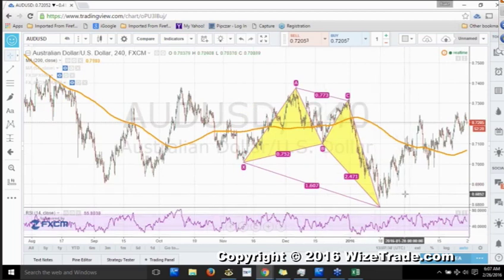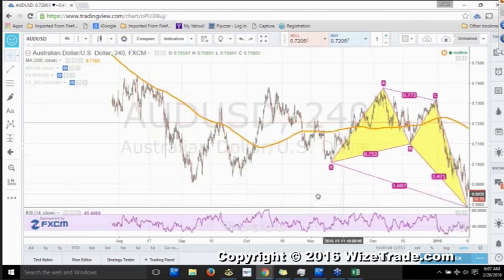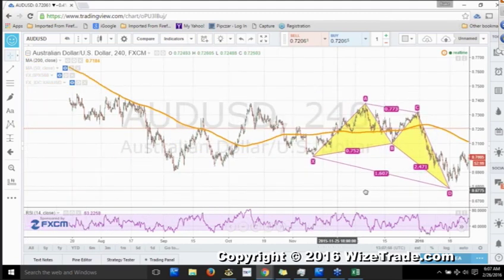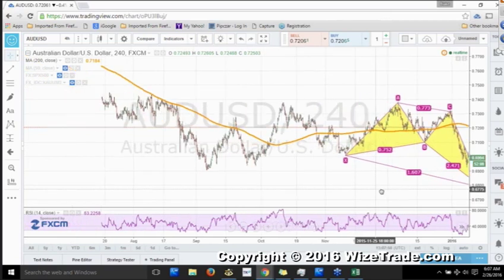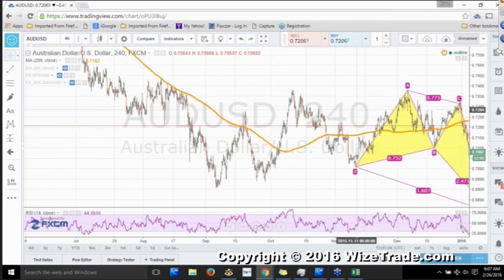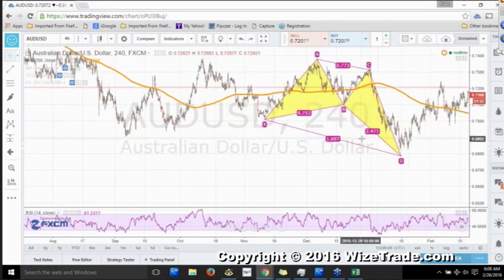Hey, we hadn't looked at the Aussie here for a while. Remember we drew this butterfly out? That worked just about perfect, didn't it? You know why I remember this? I did this butterfly pattern as an expectation, and I think it was one of you, I think it was Randall, correct me if I'm wrong, Randall. Somebody took a picture of this butterfly and sent it to me via email.